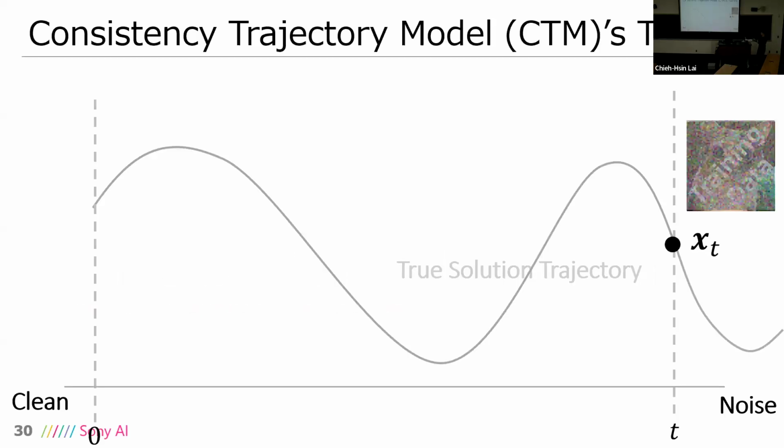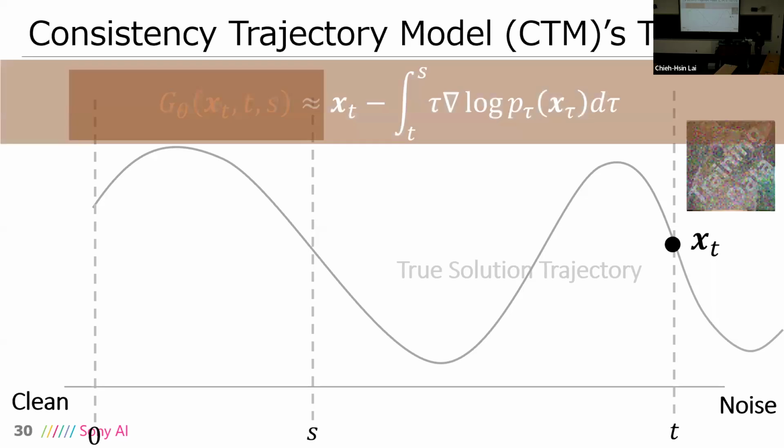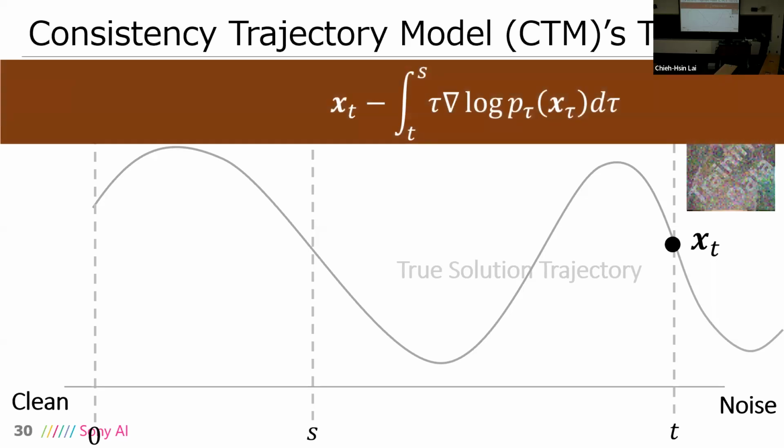So our CTM model is still very straightforward. The idea is that we want to learn any-to-any time jump from any starting point T to endpoint S. So how do we do that? In principle, we want to learn a solver which does this kind of T to S jump.